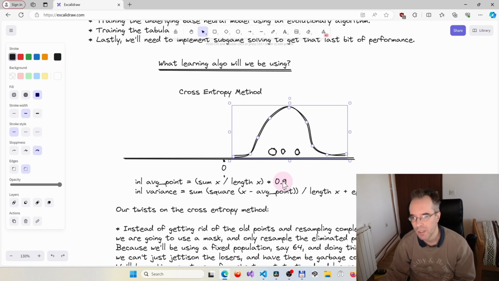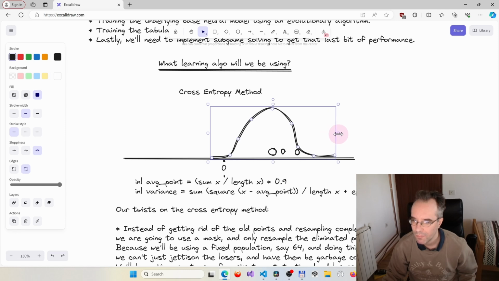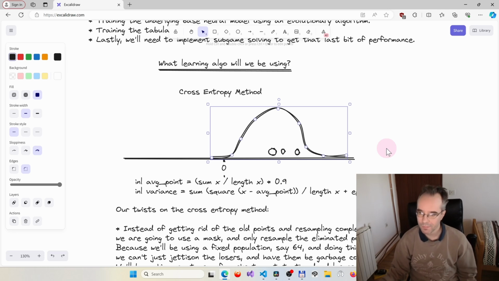And if we are going to lower the average point, by necessity, the mean would go towards the left, like something like so. But the variance would also get much wider, something like this. And this would inject the necessary noise to make the exploration proceed.